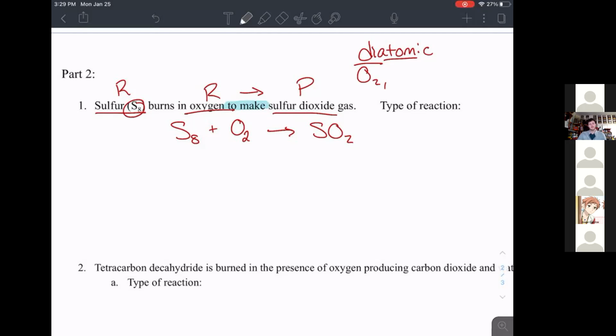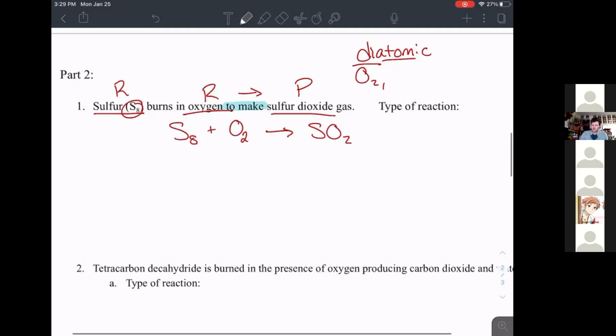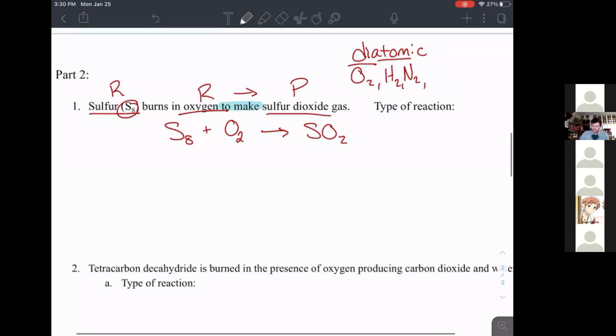What's another one? Hydrogen is another one. Nitrogen is another one. Fluorine.